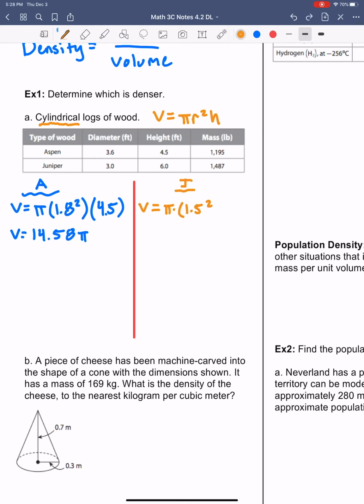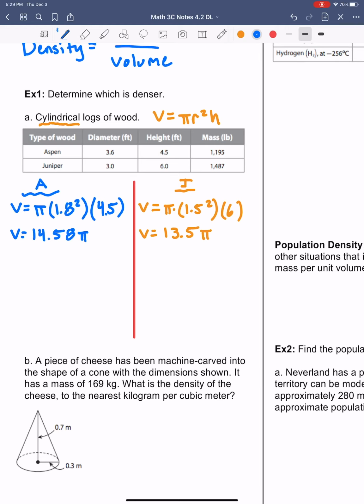And then we'll square that, and then times the height, which is 6. I can multiply those together. I get a volume of 13.5 pi. Okay. And then I can use this volume in my density formula for each one.